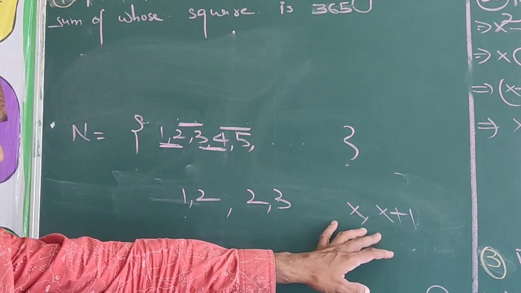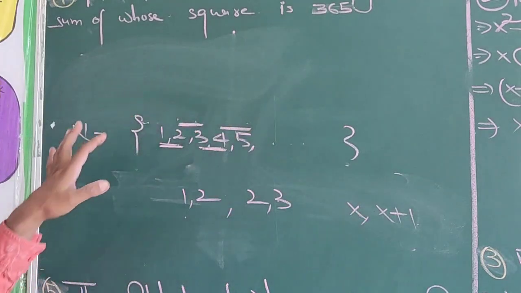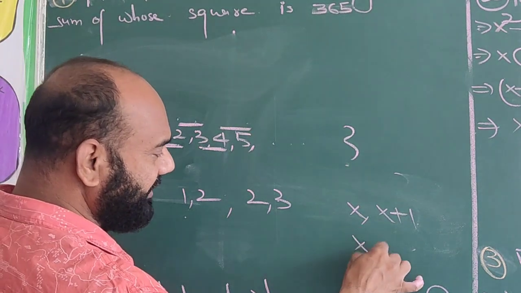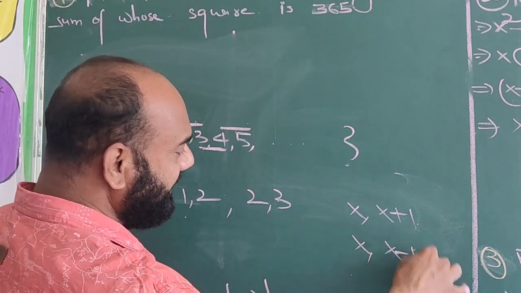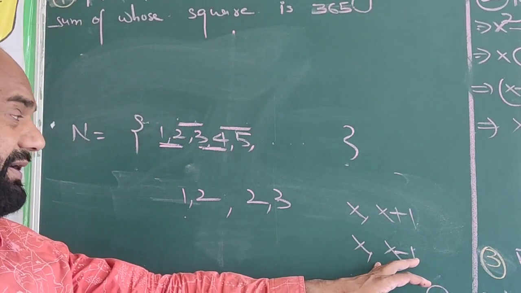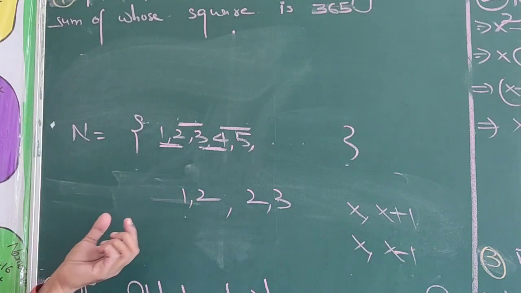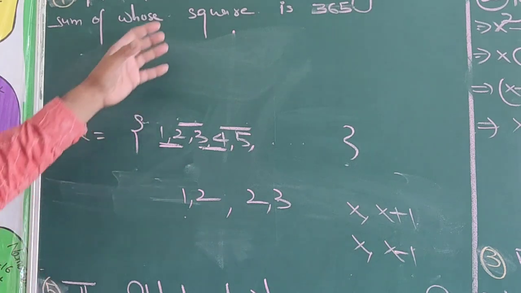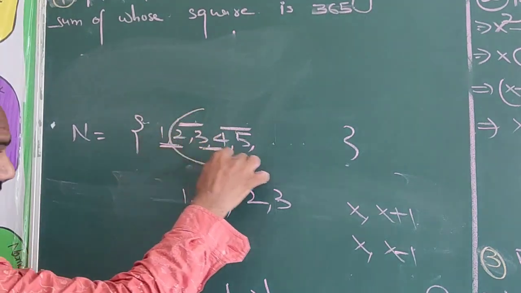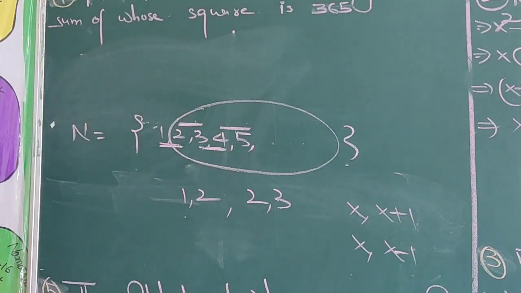In positive integers, one point is to be noted. Sometimes we say when the first integer is x, then the second may be x minus 1. But x minus 1 is not valid in positive integers because it is satisfied only by the numbers 2, 3, 4, 5, 6, 7 and up to infinity.